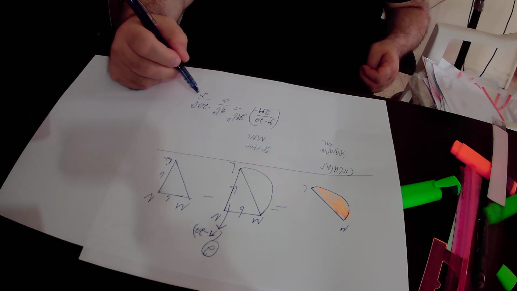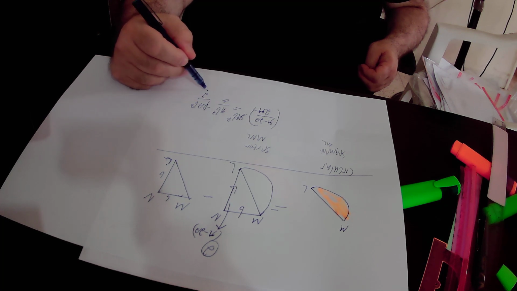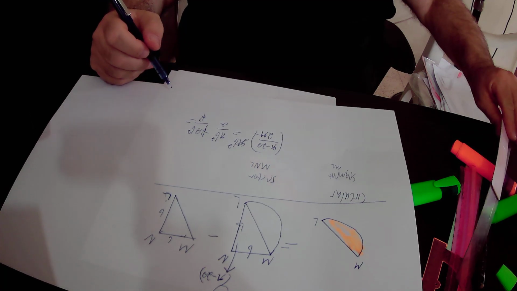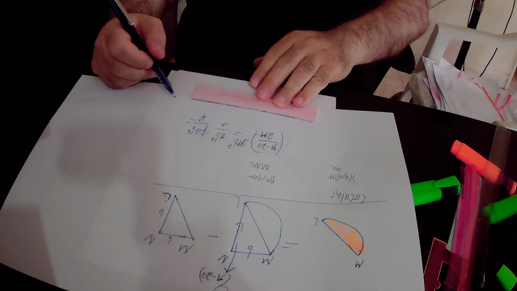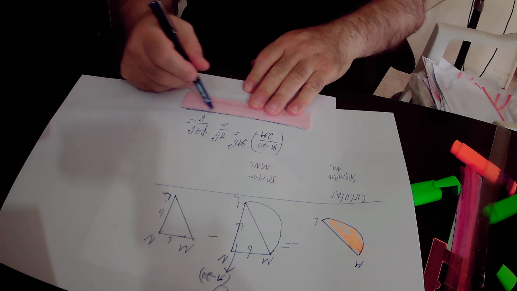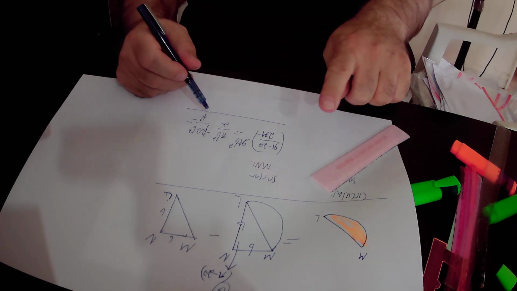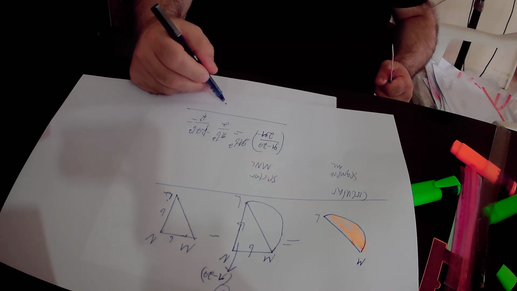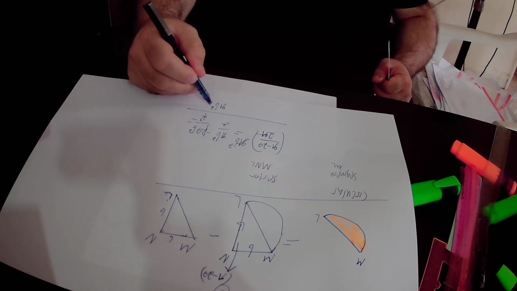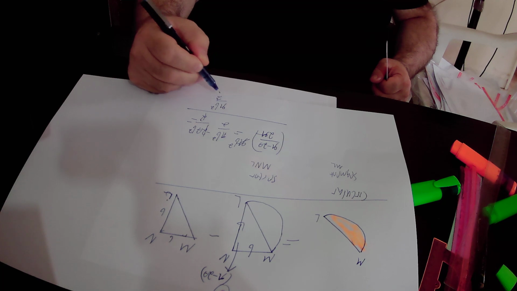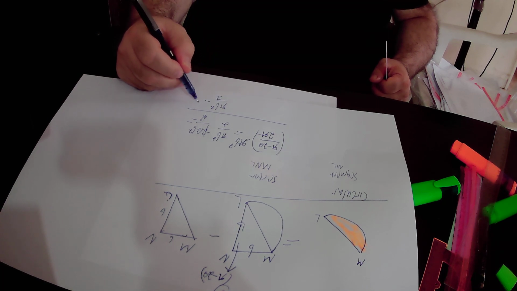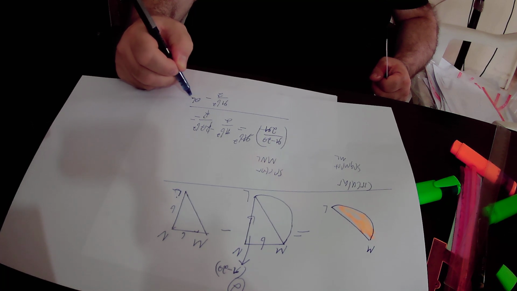Here we have 2 in the numerator and 2 in the denominator, so 2 will get cancelled. And in conclusion, the area of sector MNL equals pi b squared over 2 minus theta b squared.